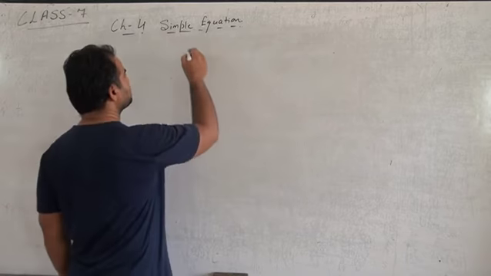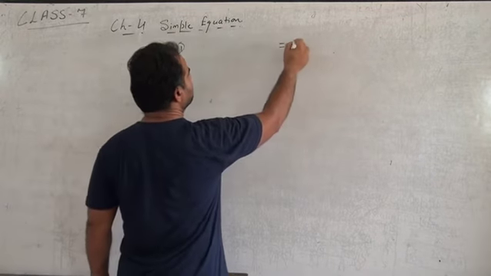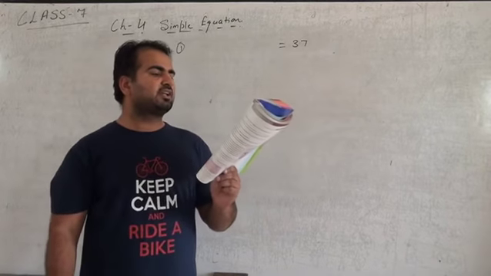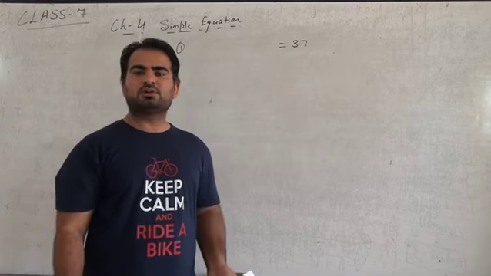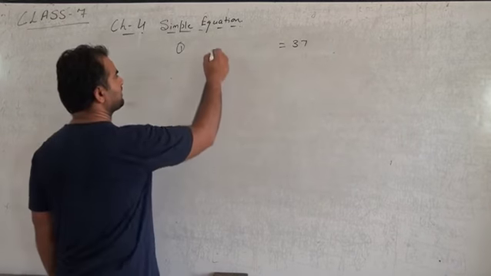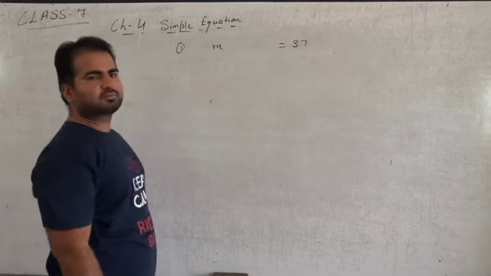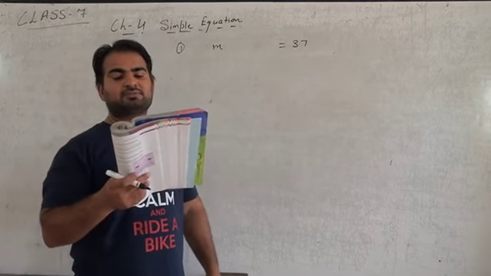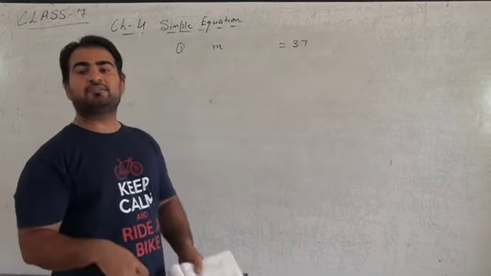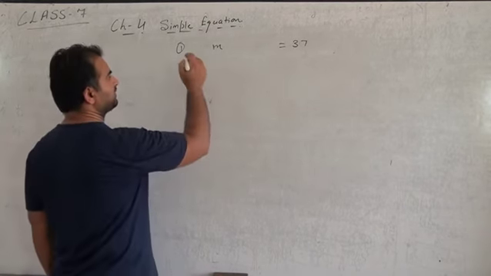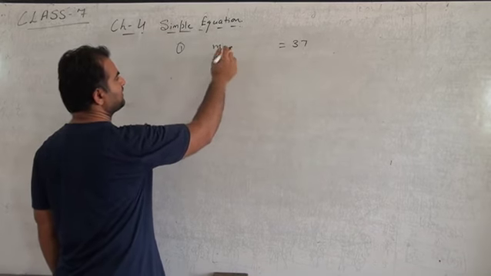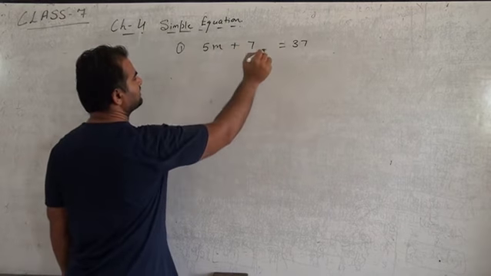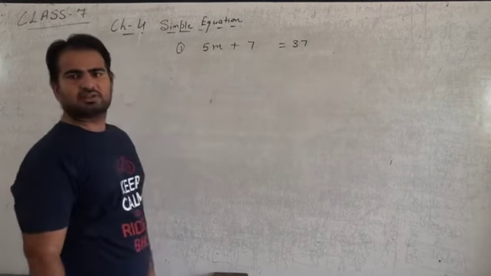Take Parmeet's marbles equal to M, because we don't know Parmeet's marbles. So we multiply Parmeet's marbles by 5 and add 7. Then it will be equal to 37.